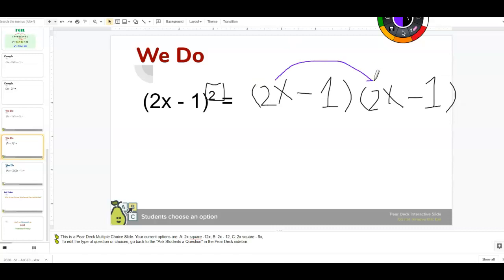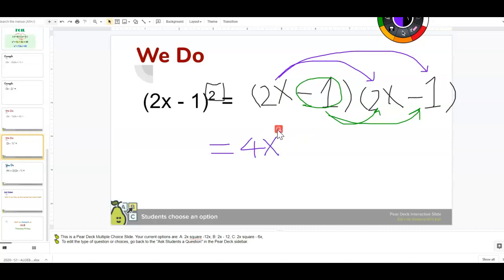So 2x times everybody in the second parenthesis and -1, don't forget the sign, times everybody in the second parenthesis. So let's do them one by one. 2x times 2x, number part, 2 times 2 is 4. X part, x times x is x squared.